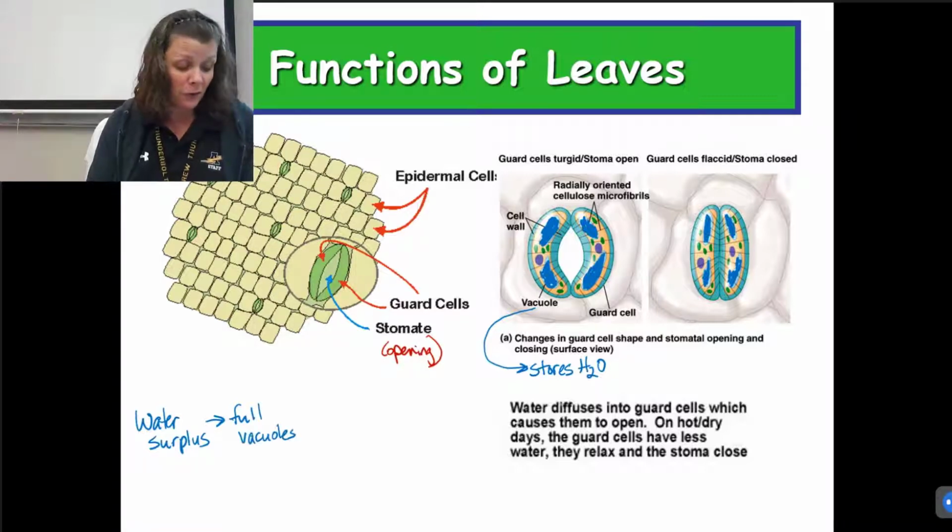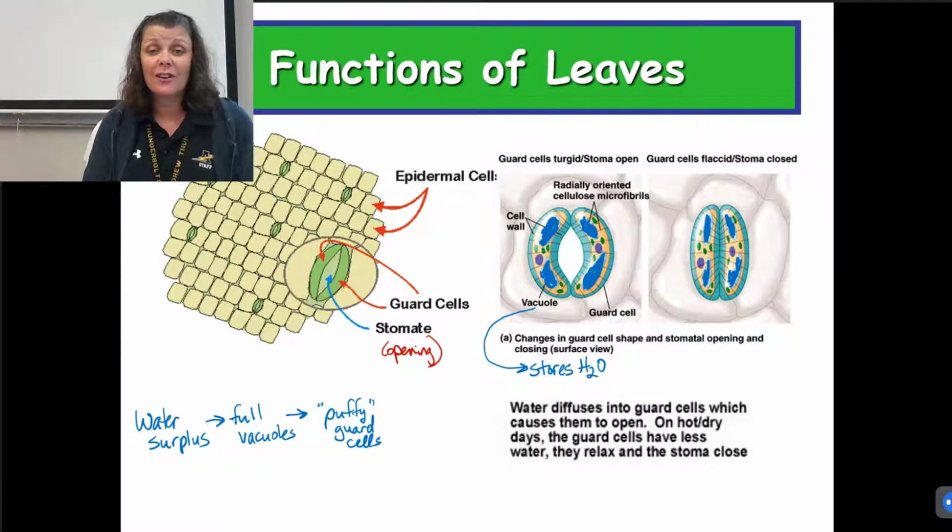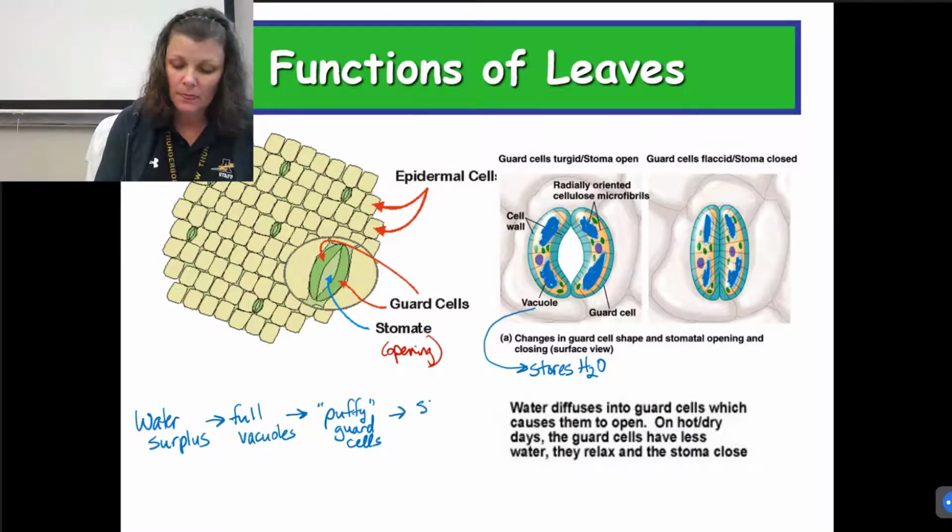And if there are full vacuoles, then we have puffy guard cells. And when guard cells are able to be puffy, the stomates are open.